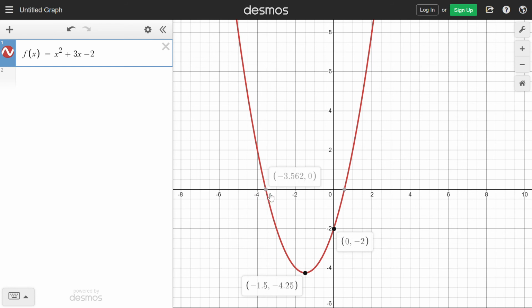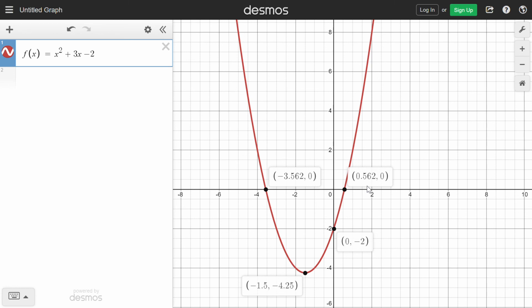And what are our roots? This will be a decimal approximation. It's probably got some thirds in there that are meaning this is a decimal that goes on and on and on. But for the gist, they are crossing approximately negative 3.562 and positive 0.562. So those are your roots.